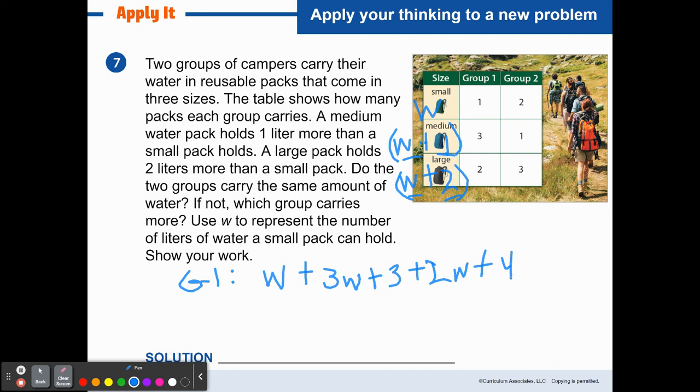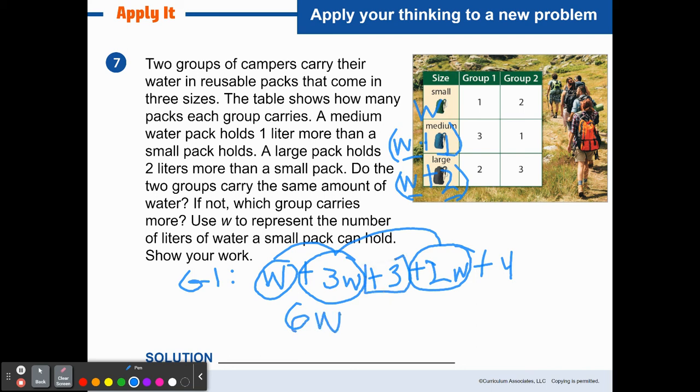Now, I have some like terms that I can combine here. I have a W plus 3W plus 2W. W plus 3W is 4W. So these two together would be 4W, plus 2 would be 6W.